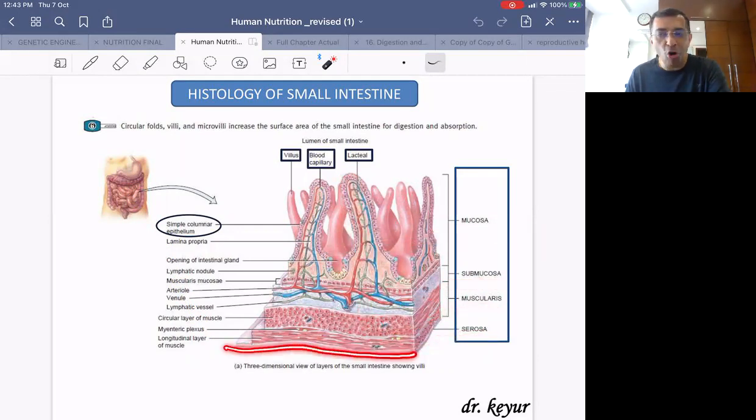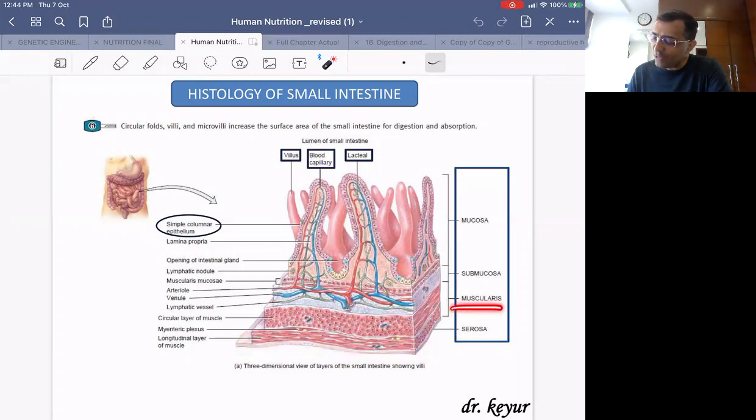Serosa is made of an outer layer of squamous epithelium called the mesothelium. And underneath the mesothelium, you have white fibrous connective tissue, which gives rigidity, and thus the serosa gives mechanical support to your small intestine.